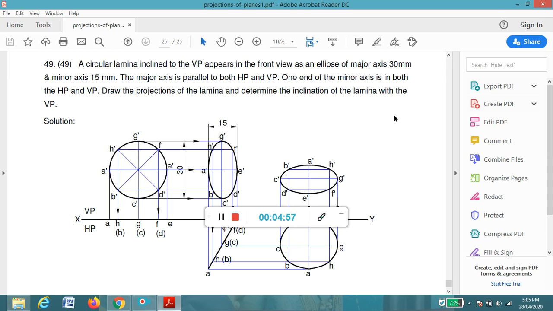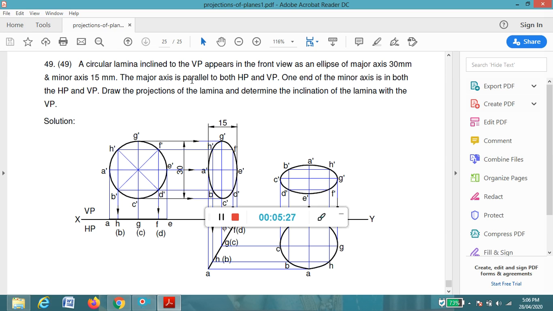Then in the third position, one end of the minor axis is in both the HP and VP. Draw the projection of the lamina and determine the inclination of the lamina with the VP. It is also given in the condition that the major axis is parallel to both HP and VP. The major axis is G dash C dash, and A dash E dash is the minor axis.